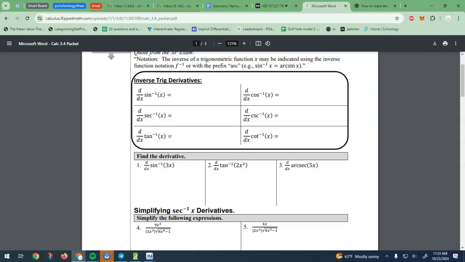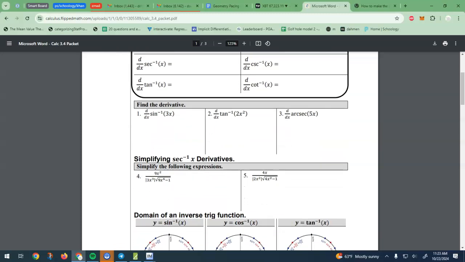So let's look at some of the problems with them. It's really just like memorize the rule and then do chain rule. So the derivative of sine inverse, so this is your big guy. That's your little guy. So then the derivative of sine inverse is 1 over 1 plus, in the rule it's x squared.